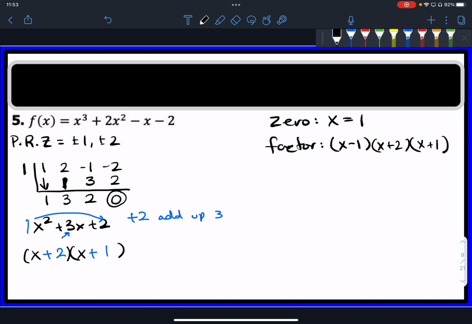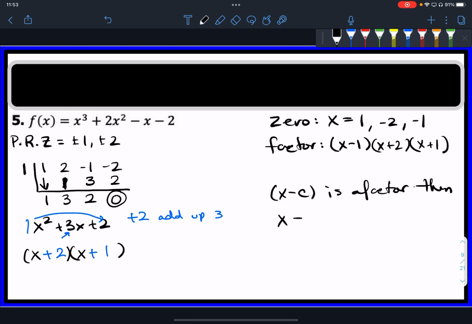If these are my factors, then my zeros are negative 2 and negative 1. And remember the key thing between the factors and the zeros: if x minus c is a factor, then x is equal to that value of c, the opposite of whatever this number is.